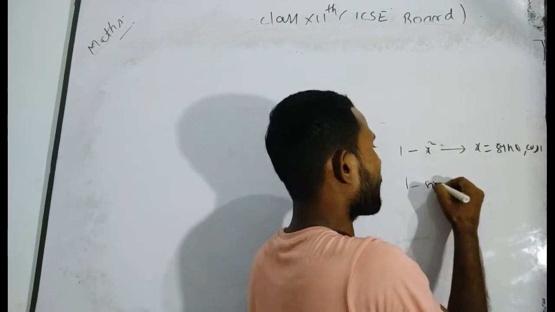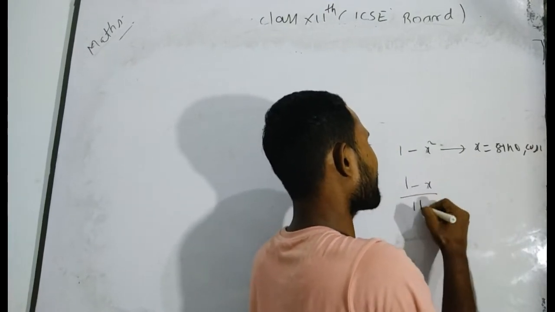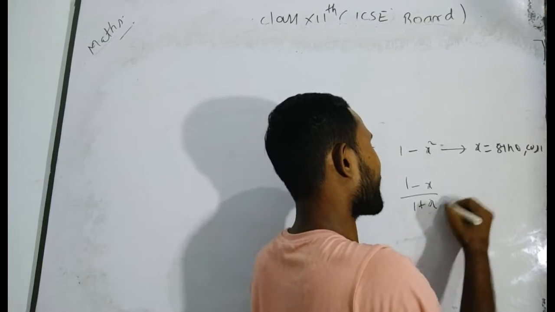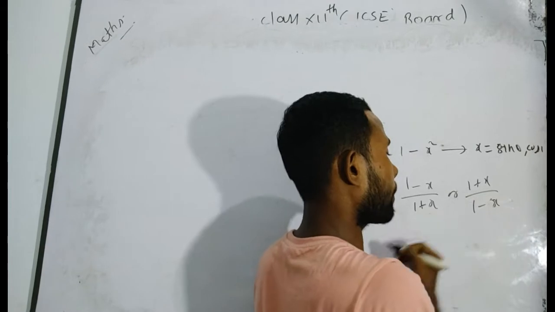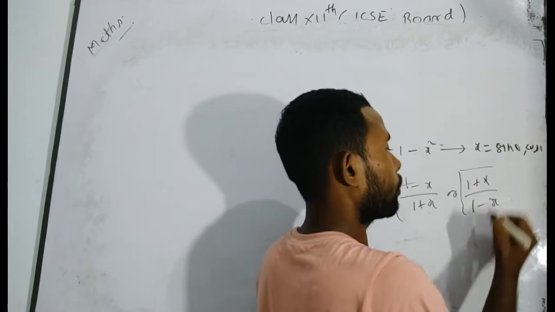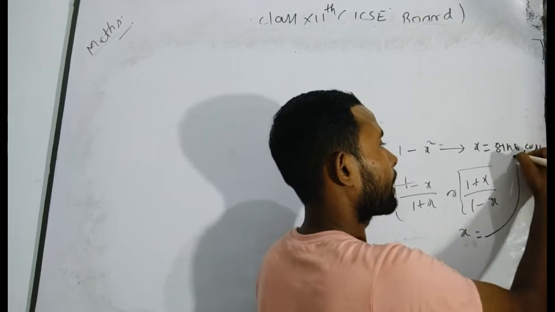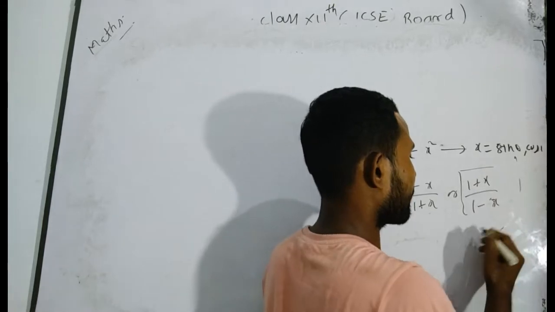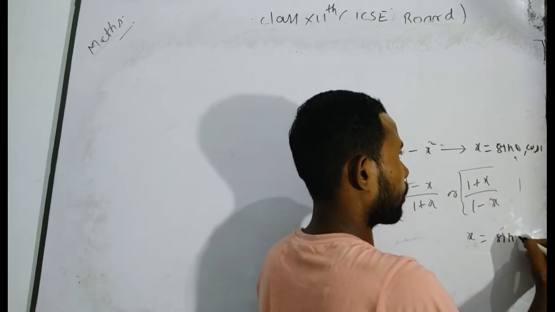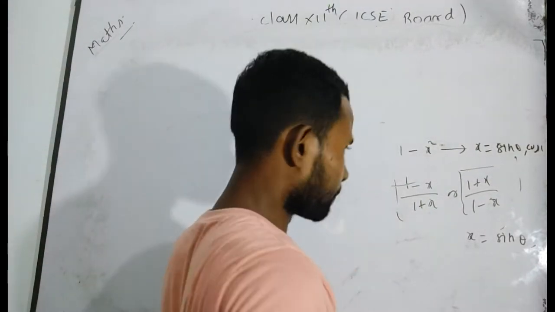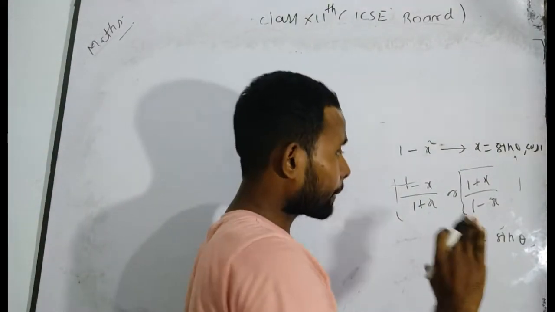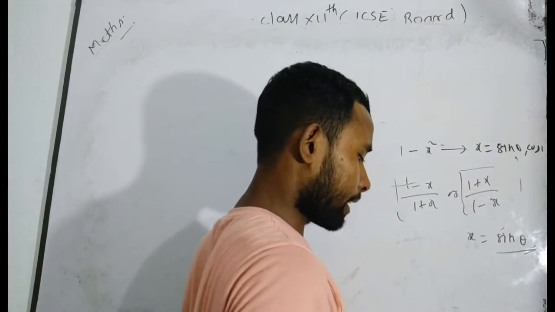Whenever you get 1 minus x by 1 plus x, or 1 plus x divided by 1 minus x under root, you always try to put x equal to sine theta. It will be very helpful for you. Maybe cos theta, but always put sine theta. It will be very helpful.